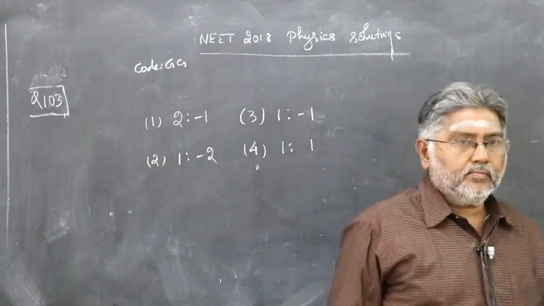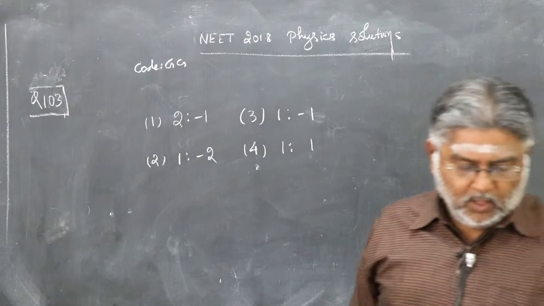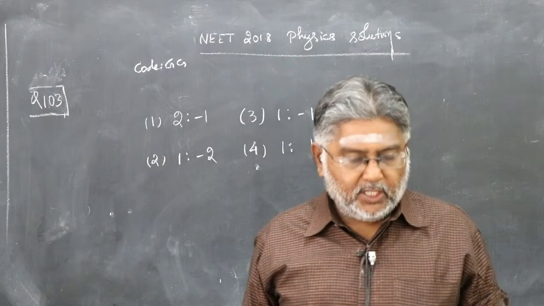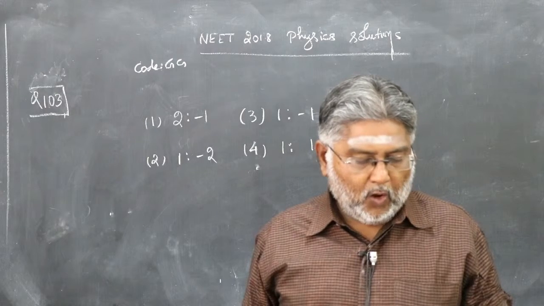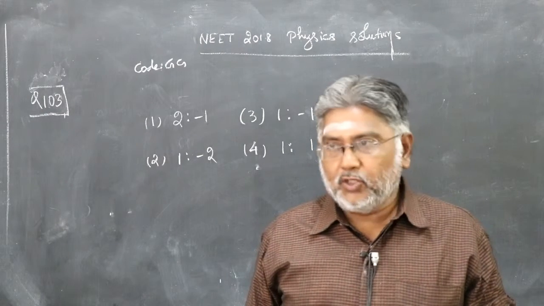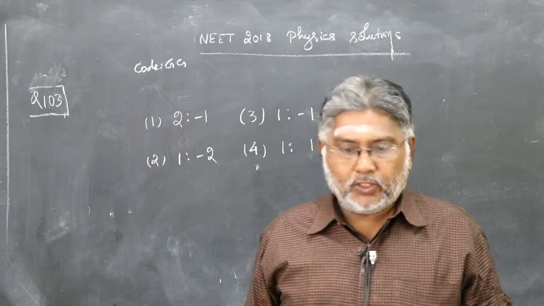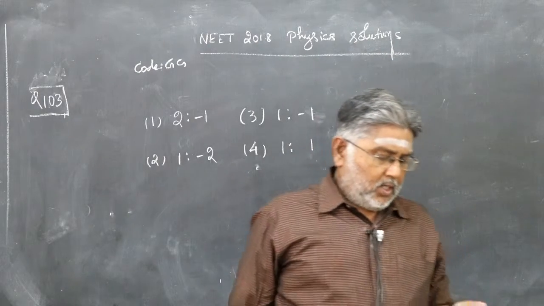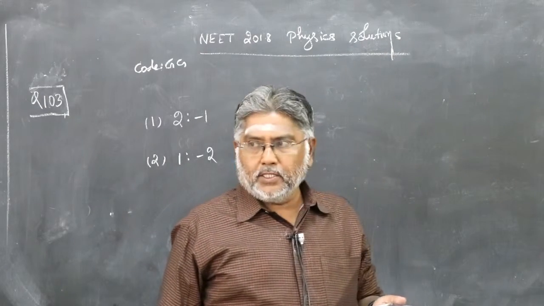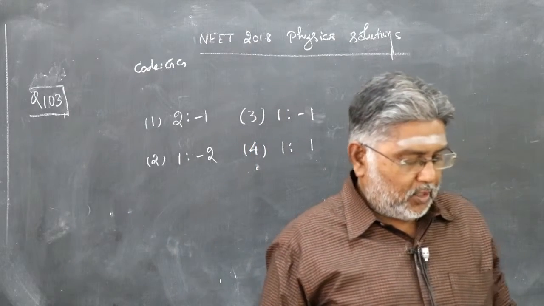Question number 103. The ratio of the kinetic energy to the total energy of an electron in a Bohr orbit of the hydrogen atom is: 2:-1, 1:-2, 1:-1, 1:1.